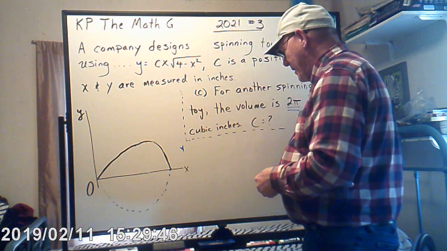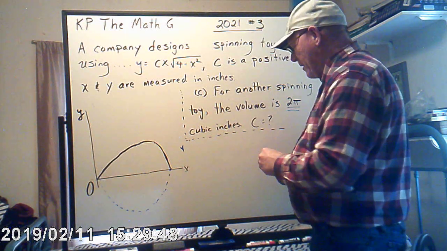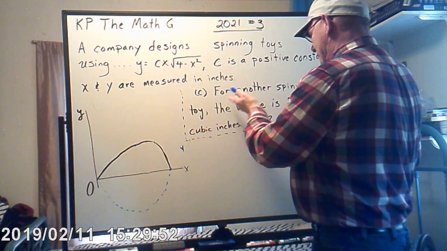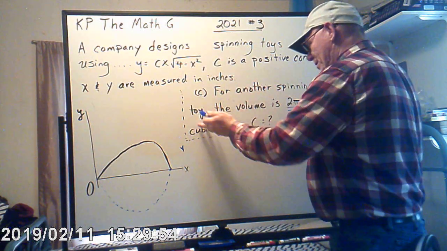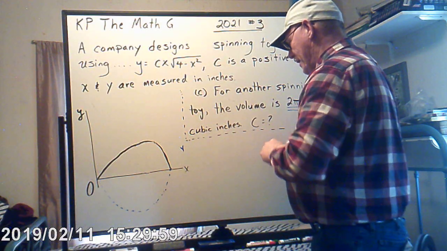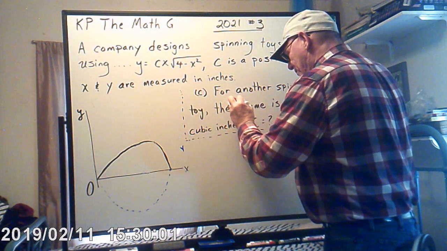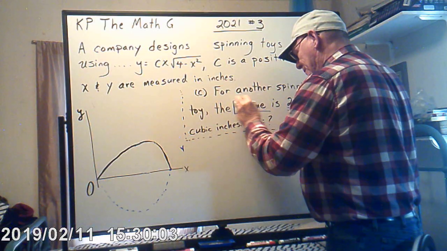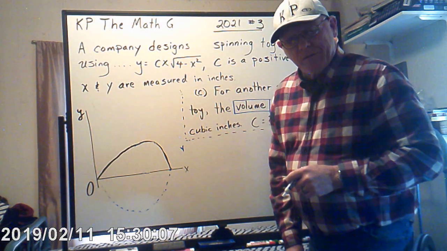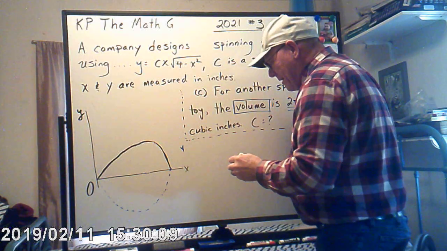So let's see here. We're looking for keywords. What's a keyword? For another spinning toy, the volume. Yeah, volume. This is a volume of revolution, right? It's actually the area.